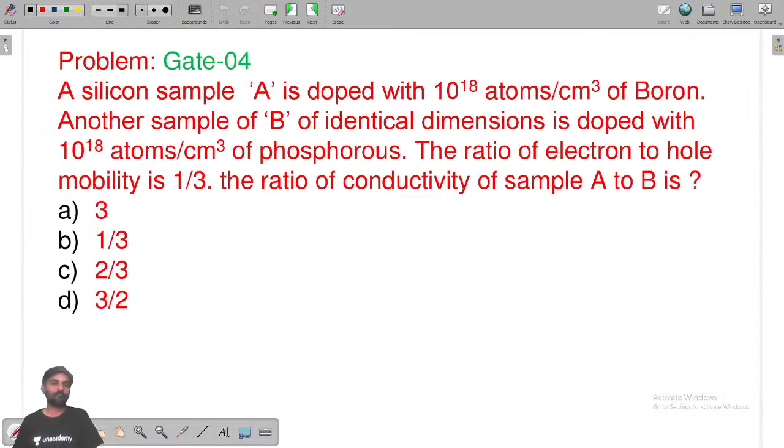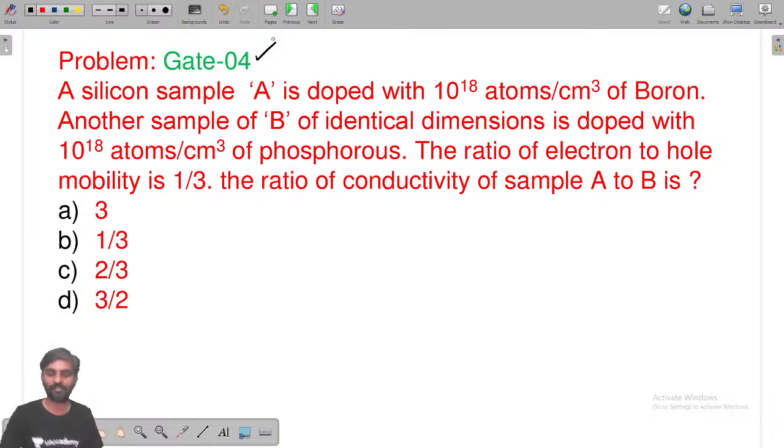We'll see another problem. It came in GATE 2004. Sir, what does he want to prove from the question?